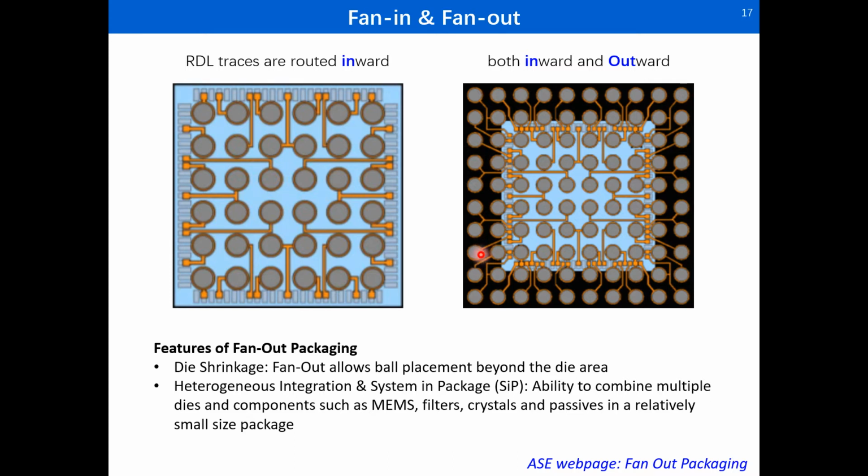The advantage of fan-out is it allows ball placement beyond the die area, which indicates you can have higher I/O density. Besides, it can be used for interconnects between different dies, which allows it to be a technique for system-in-package and heterogeneous integration. This we will discuss later.